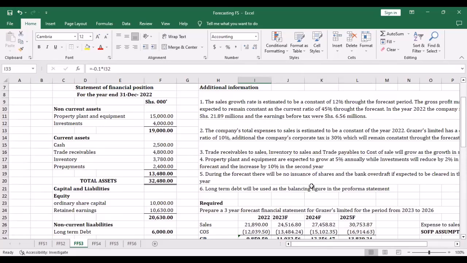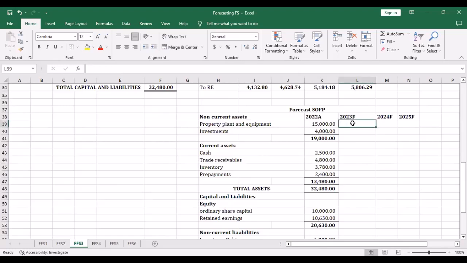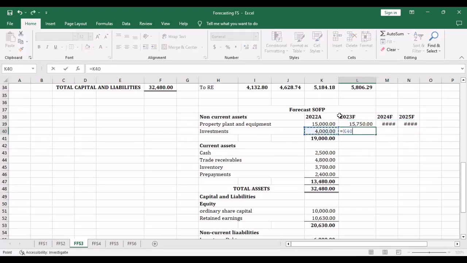You can see property, plant and equipment is expected to grow by 5%, so the previous year you multiply by 1.05, that is 5%. Then this investment will reduce to 98.